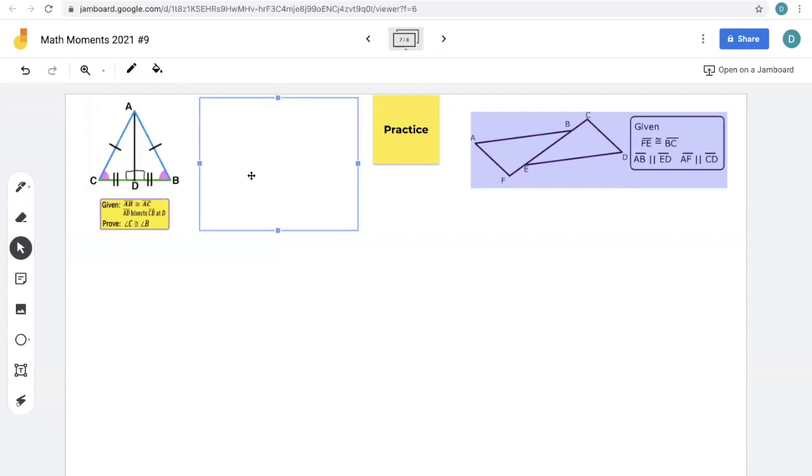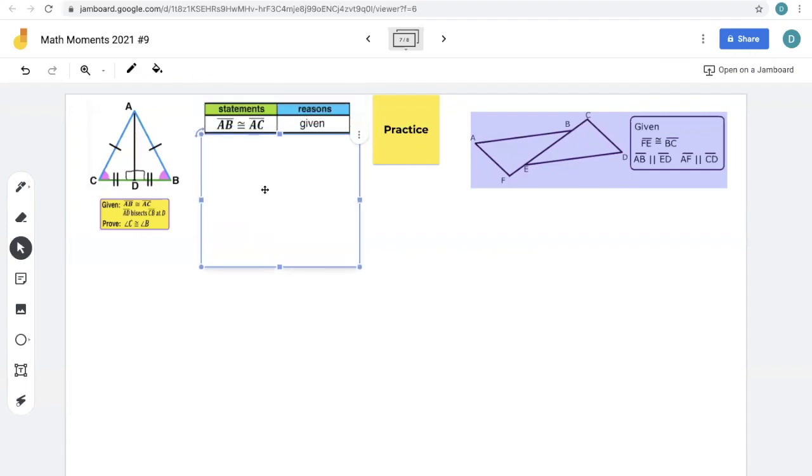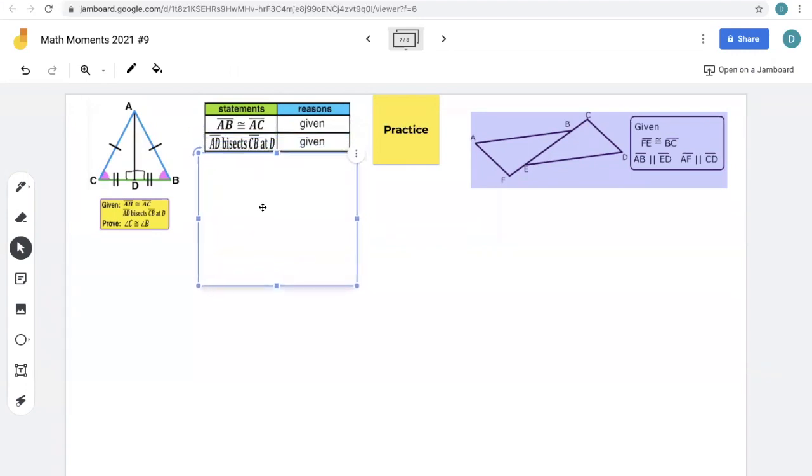So we have a proof table here, and I'm just going to list the two things that are given. That's the first step. Now, what else could we list about this diagram? Well, this is a shared side, so the reflexive property applies here.